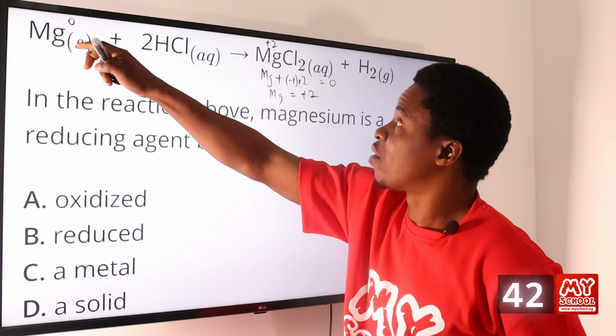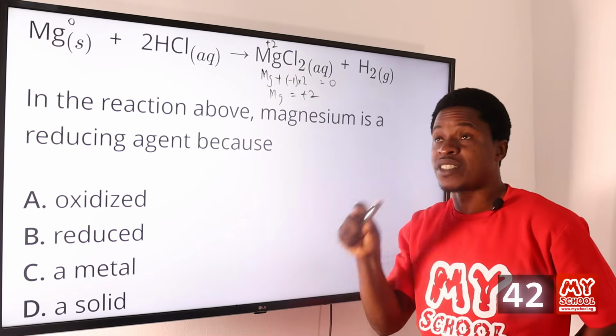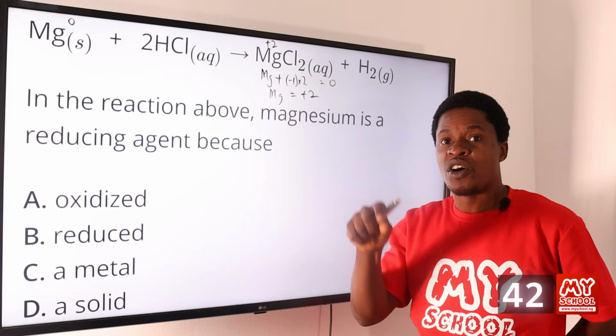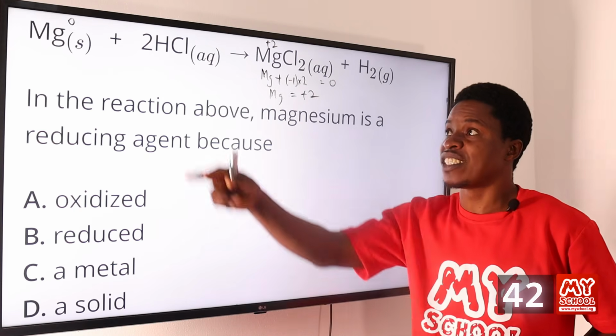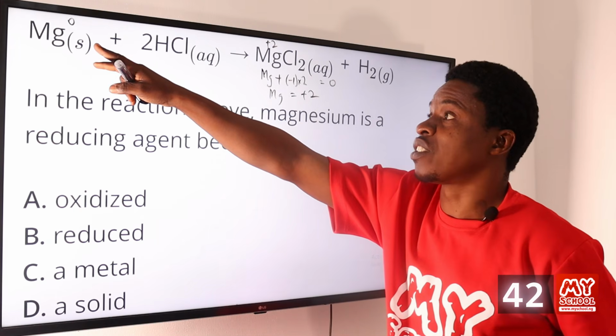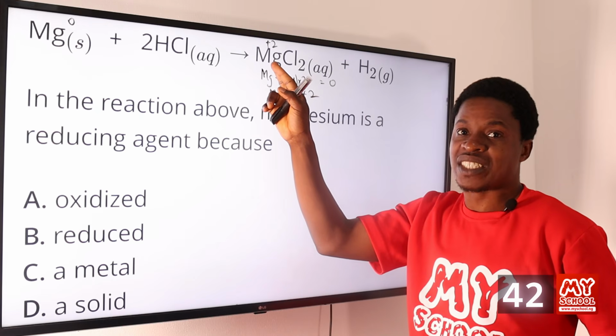Oxidation has taken place because from 0 to +2, we said that oxidation is an increase in oxidation number, or oxidation is loss of electrons. So magnesium is losing 2 electrons here to become oxidized.